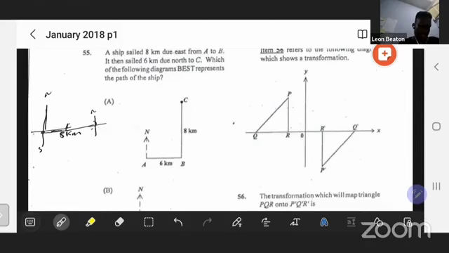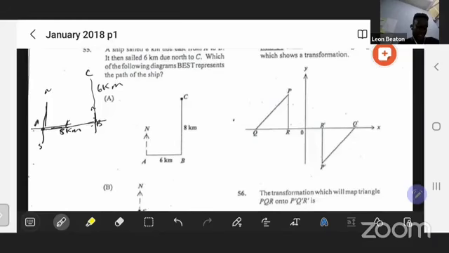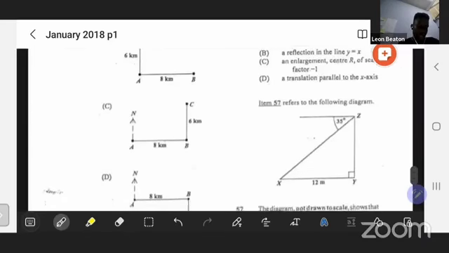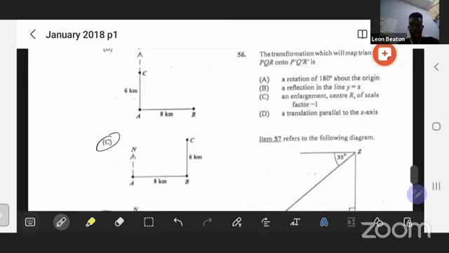So it's sailed 6 km due north, 6 km, to C. So from A to B. So let's see which one of the diagrams will look like that. So we're looking at C. C looks like that.